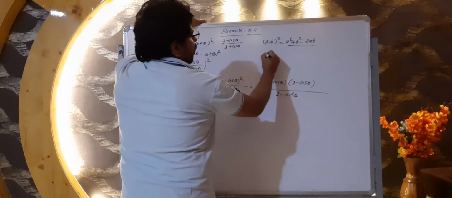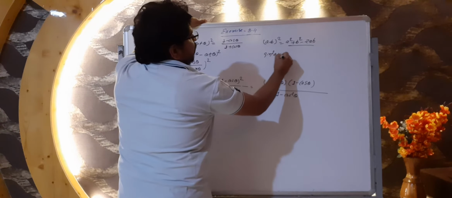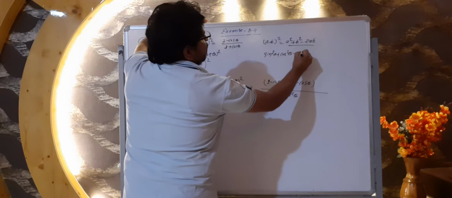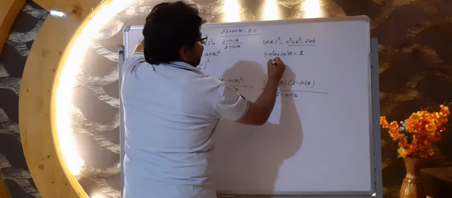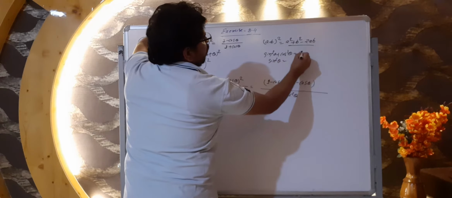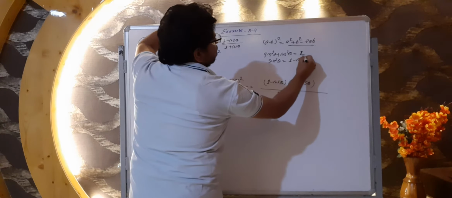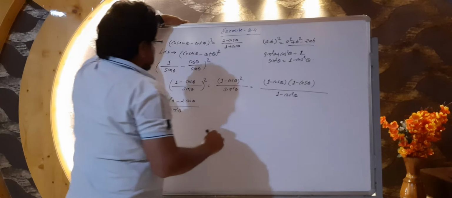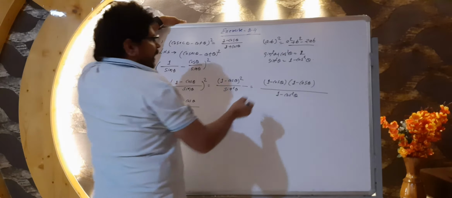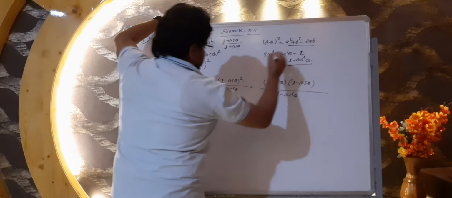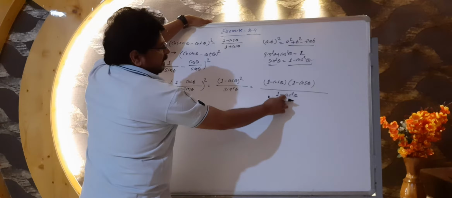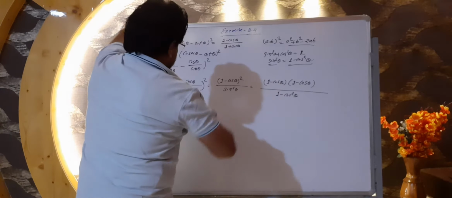How can we write that, do you know? Sin square theta plus cos square theta is equal to 1. In that case, sin square theta is equal to 1 minus cos square theta. Is that clear? Okay. So sin square theta, what have we written at that particular place? We have written 1 minus cos square theta.